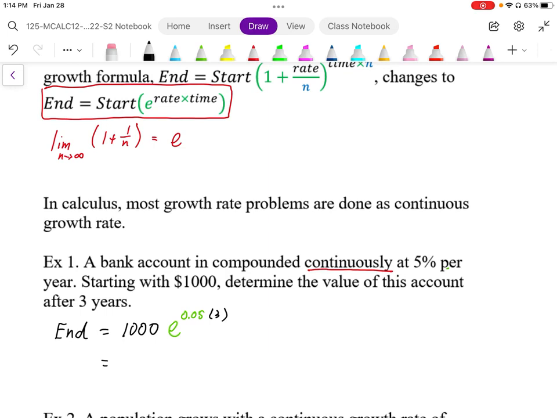That 0.05 ends up being our continuous growth rate. So we end up with $1,161.83. Okay, so at 5% per year, compounded continuously, we're going to end up with $161 of interest.